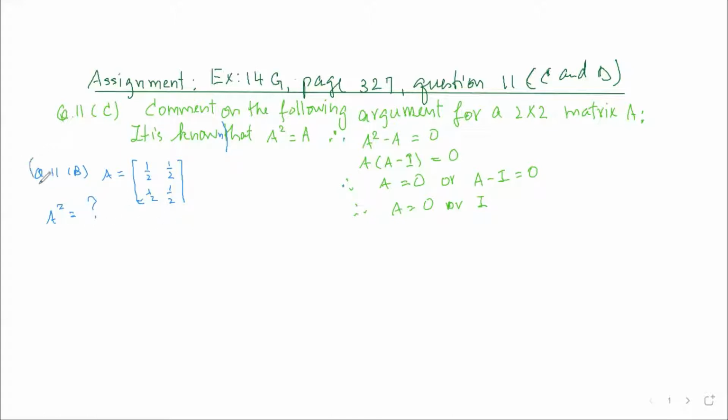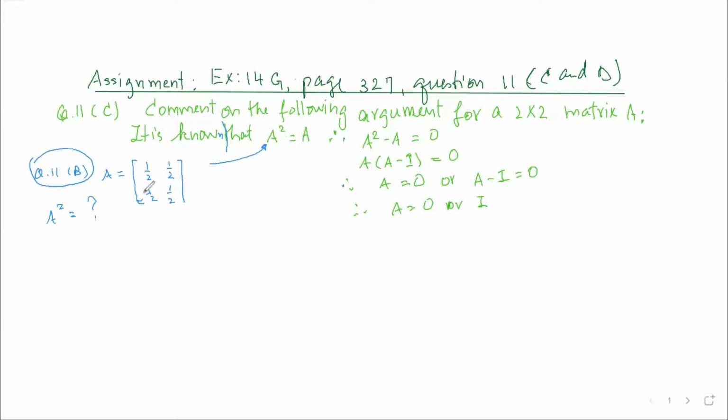If you already finished 11B, you will find that A equals A squared is true, because it is matrix A times matrix A, and when you use the multiplication, both of them are equal. That's why they come to 11C and say it is known that this one is equal.